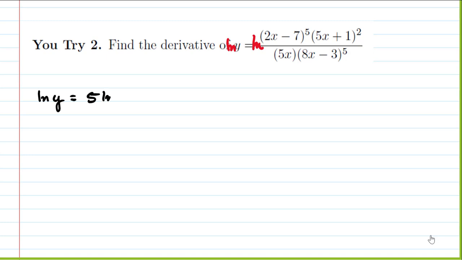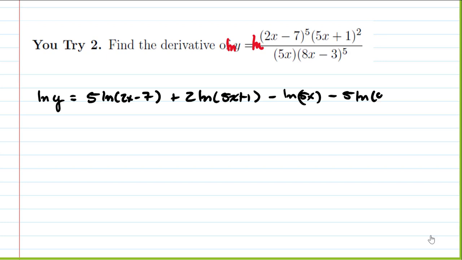So I get 5 natural log of 2x minus 7 plus 2 times the natural log of 5x plus 1 minus the natural log of 5x minus 5, the natural log of 8x minus 3. So I did the product rule, the quotient rule, and the power rule all at the same time.